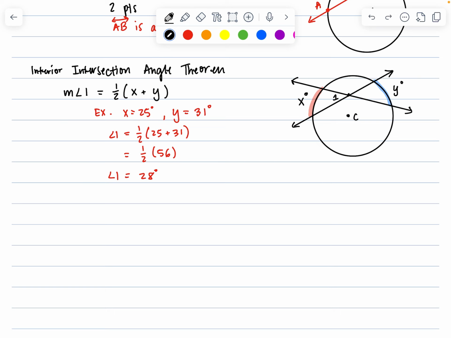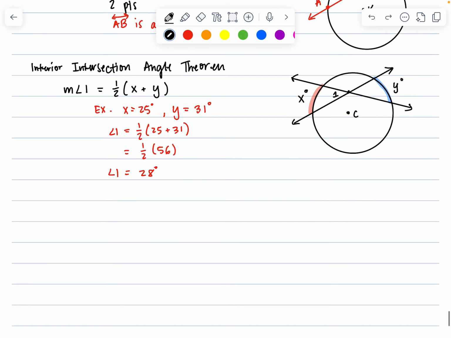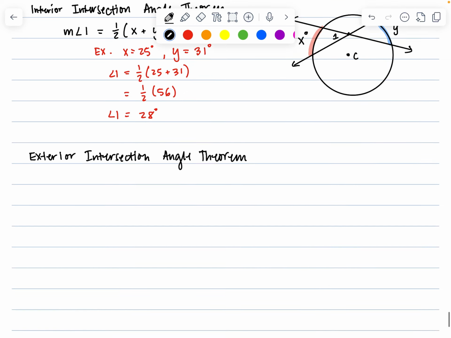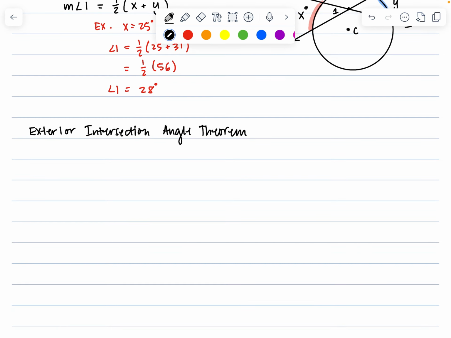If it's not an intersection on the interior, then it's on the exterior. So the exterior follows a similar process: the exterior intersection angle theorem. A couple different options can happen. For instance, I'm going to draw 3 different circles here.